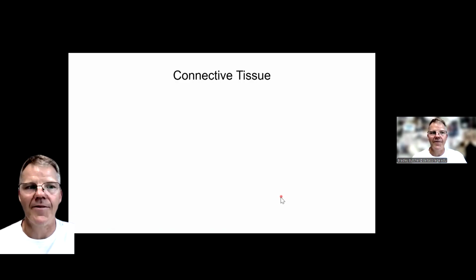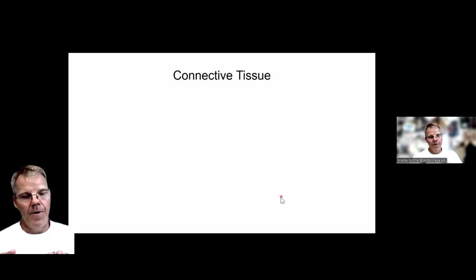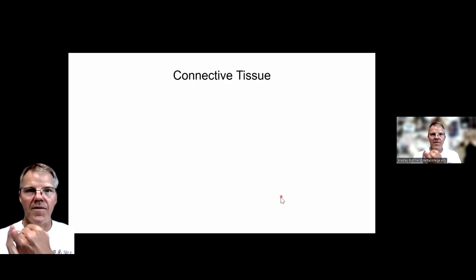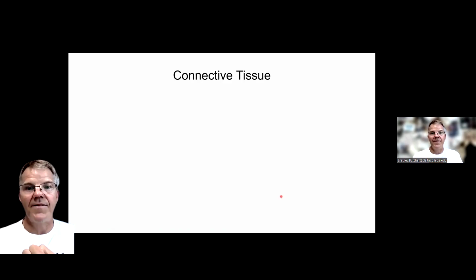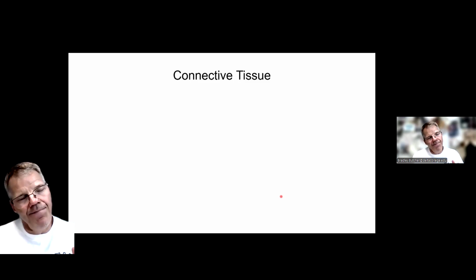Okay, connective tissue. We talked about epithelial tissue being designed to cover and protect. We said muscular tissue is designed to produce movement because of contraction. The cell is able to contract. Neural tissue sends electrical signals and can communicate to other cells. So what else do we have? Well, we have connective tissue. Does it connect?